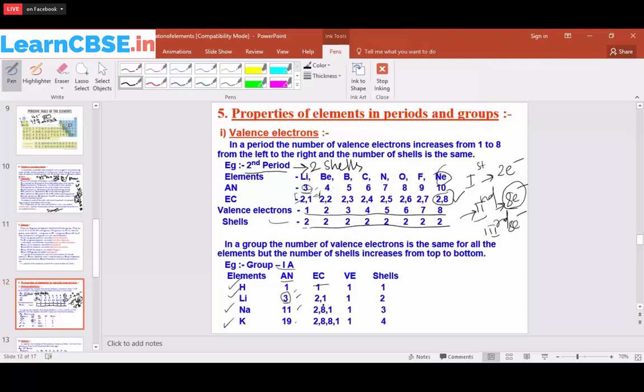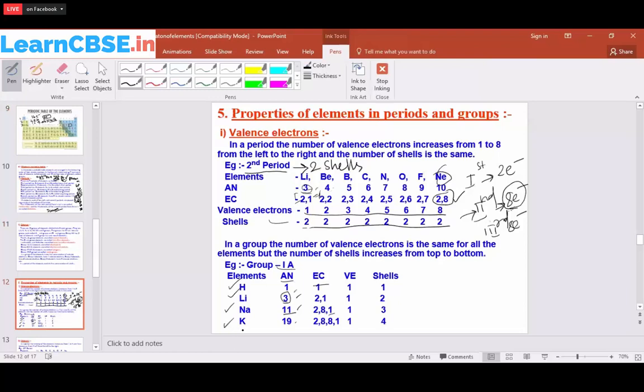And sodium. Sodium has 11 electrons. So 2 electrons in the first shell, 8 electrons in the second shell, because the maximum occupancy of the second shell is 8. Once it fills the 8 electrons, next we automatically have to give the electrons in the next shell. That is 1 electron in the third shell.